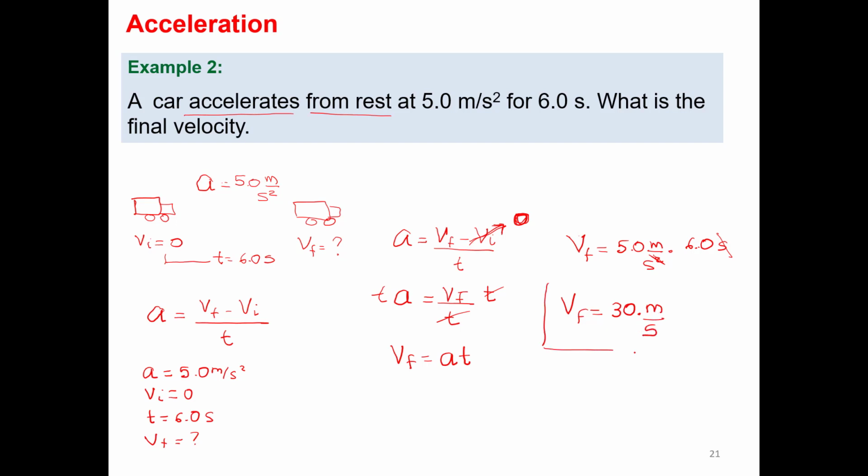This is the answer: 30 meters per second. Just to get an idea of this velocity, it is about 60 miles per hour. You don't need to do this, but it gives an idea of what 30 meters per second is.